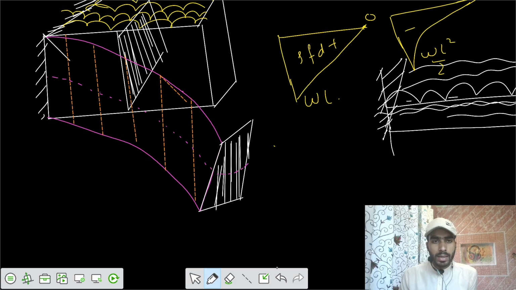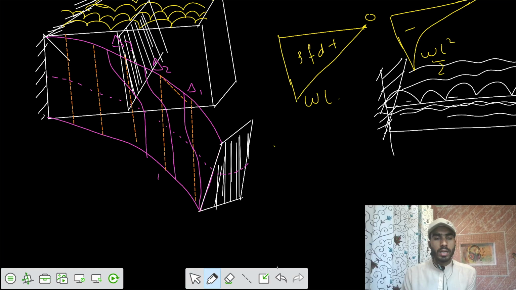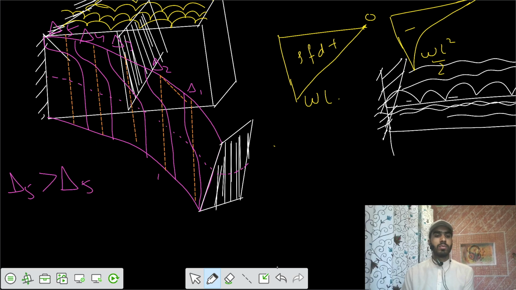Let's say the deformation here is some amount of delta. This is delta 1, and similarly you have delta 2, then delta 3, then delta 4, and finally delta 5. So we say the deformation at the fifth section is more than delta 4, delta 3, delta 2, delta 1.